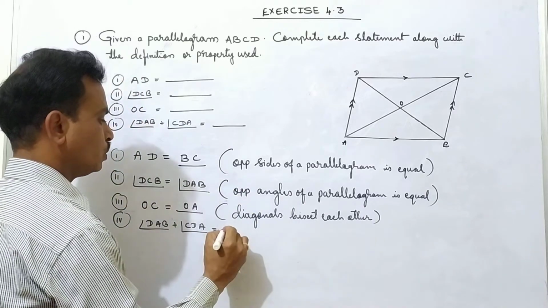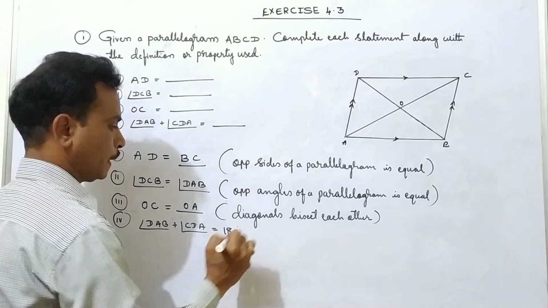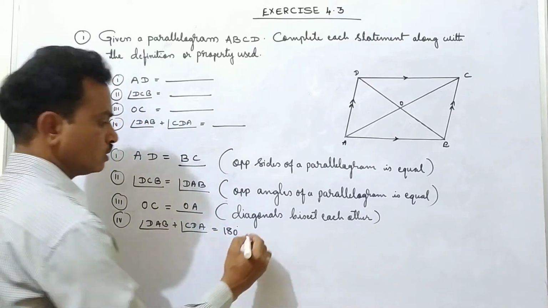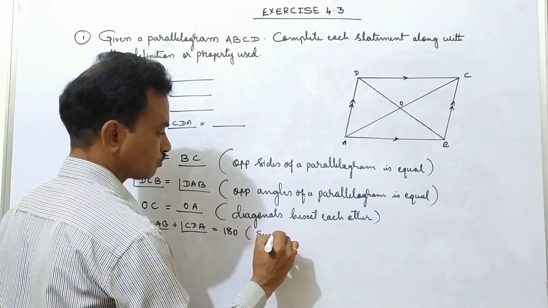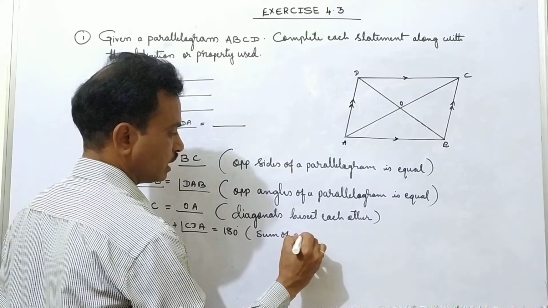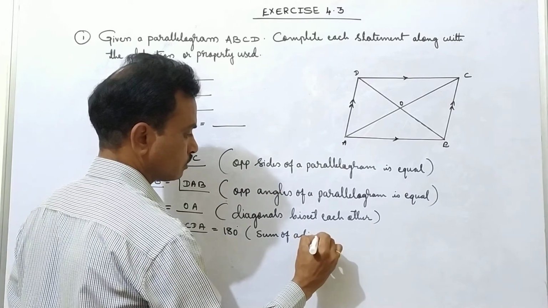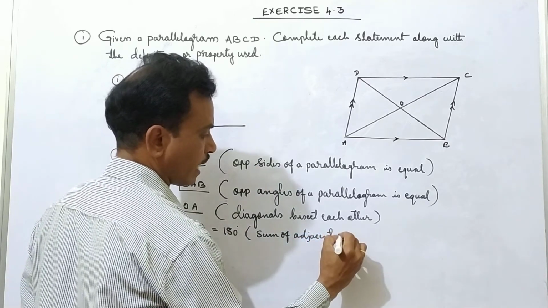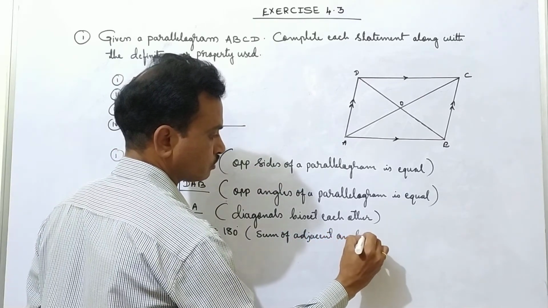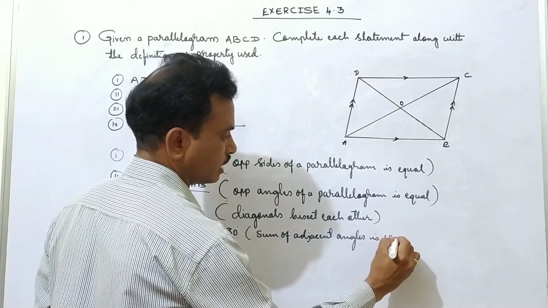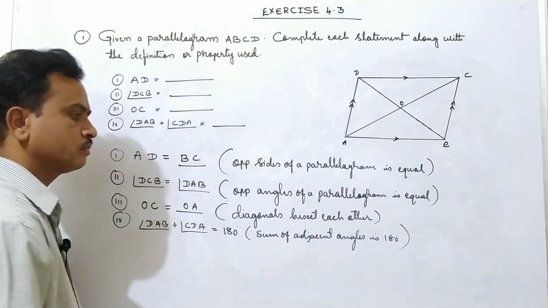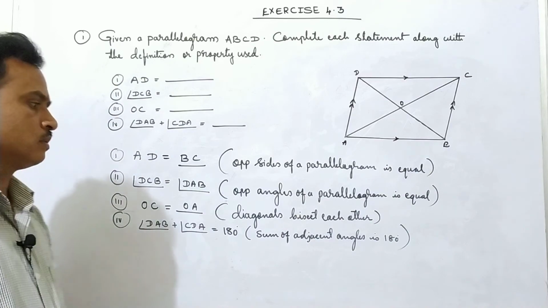So this is equal to 180 degree. Sum of adjacent angles is 180 degree. Okay, is it clear?